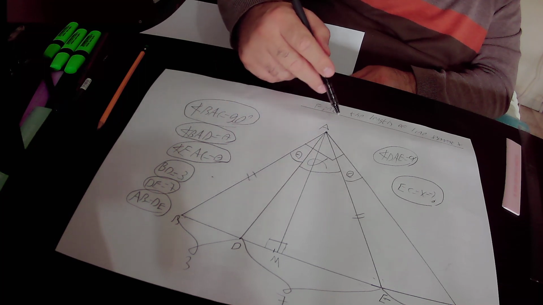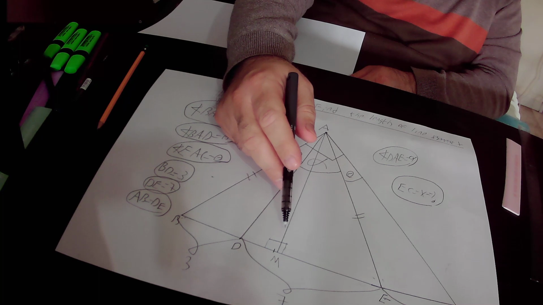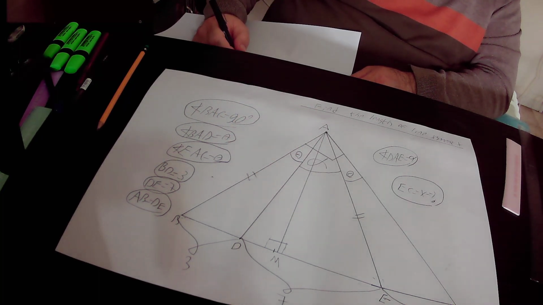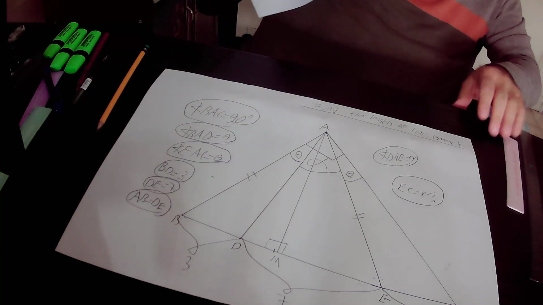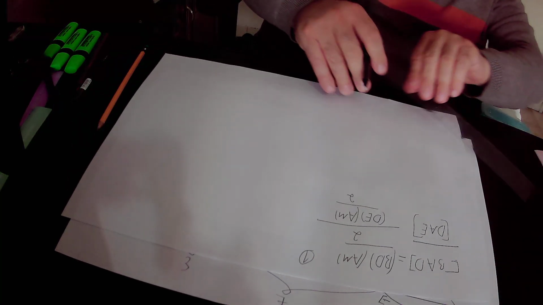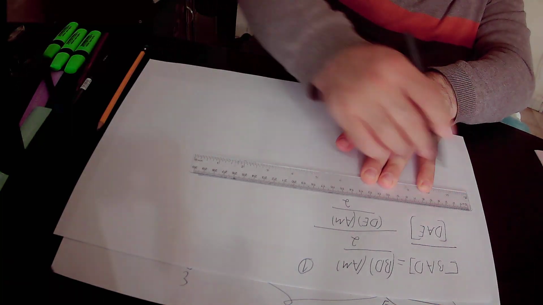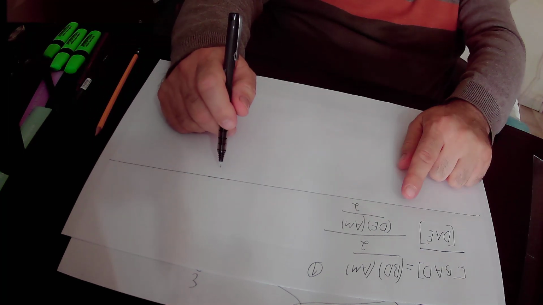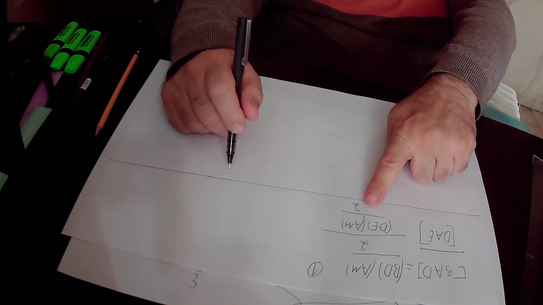You can see that AM creates 90 degrees with the base DE, therefore AM is the height to the base, over 2. So we found out that the area of triangle DAE equals DE, that is the base, times the height, that is AM, over 2.